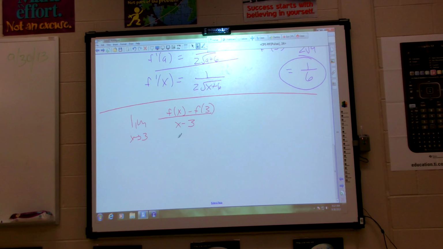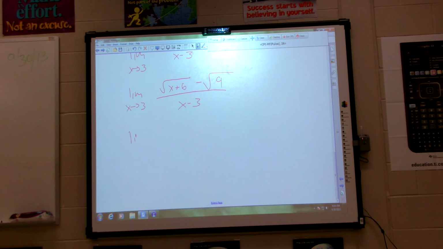I could have actually just plugged in for my a. Then I would have had limit x goes to 3, square root of x plus 6 minus square root of 9, right, when I plugged it in? Which would have been limit x goes to 3, square root of x plus 6 minus 3, all over x minus 3. And then I would have done my conjugate and still have gotten there.